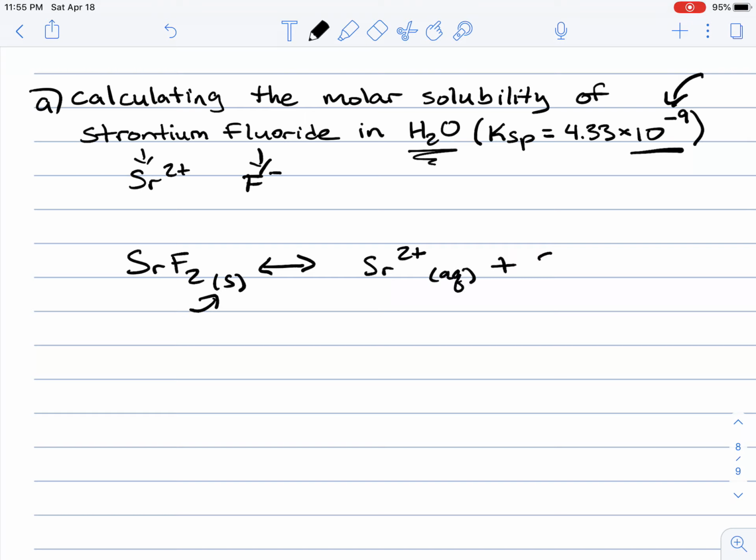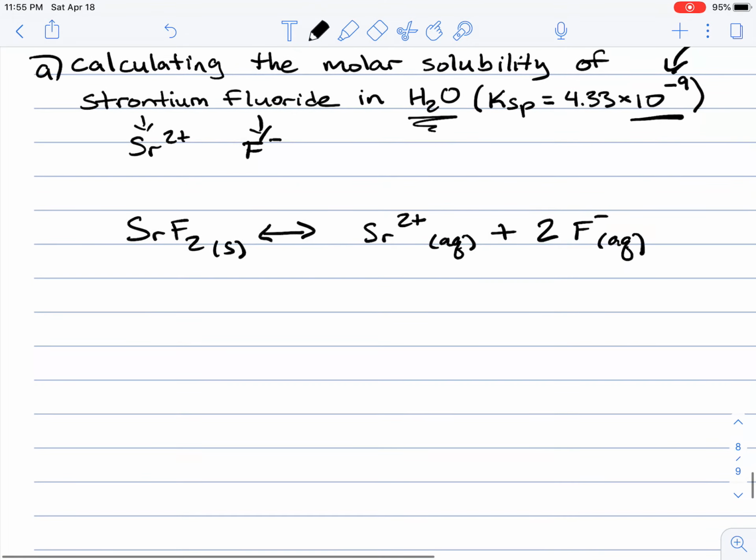Here I always want to write a balanced chemical equation, and it's based off the ratio from the subscript. So for every 1 strontium, there are 2 fluorides. All right, so now that we have our balanced chemical equation, I'll just put a 1 here just for clarity.